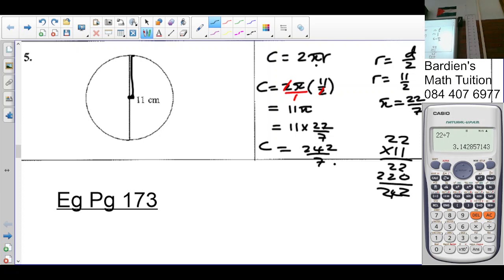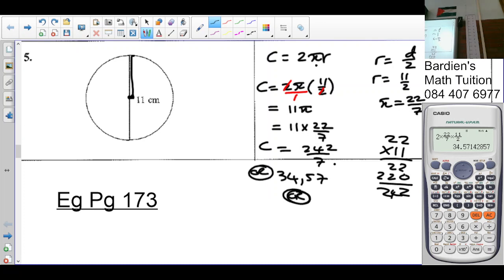Okay? Now if you worked it out using a calculator, you say 2 multiplied by 22 over 7, which is pi, multiplied by 11 over 2. That's going to give you 242 over 7. If you had used your calculator, you can press the S-D button, you could have gotten the decimal equivalent of 34.57.